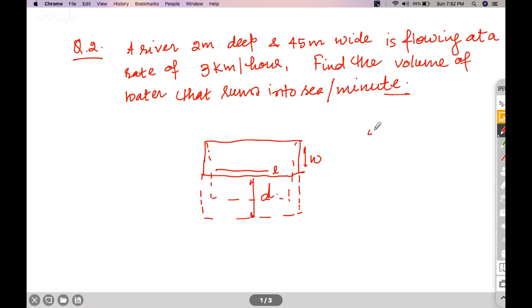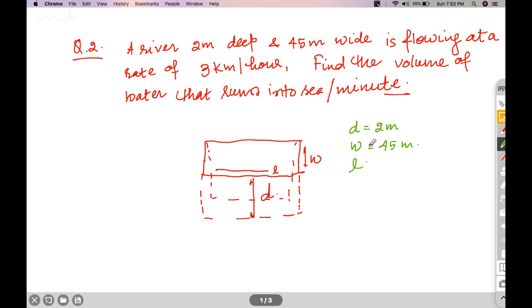Sorry, one second. Depth has been given as 2 meters, width has been given as 45 meters. Now what is length?